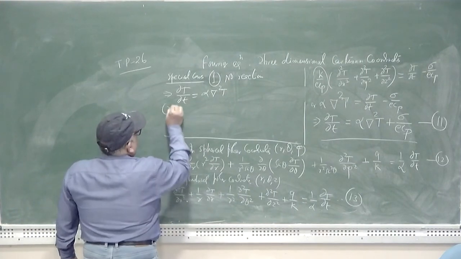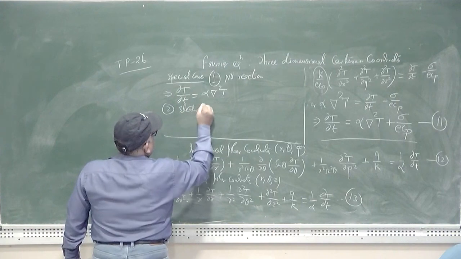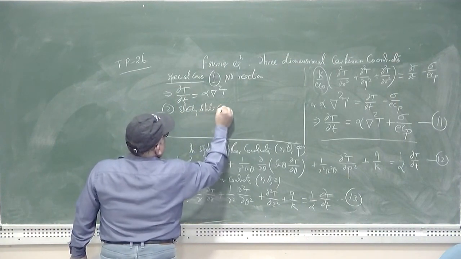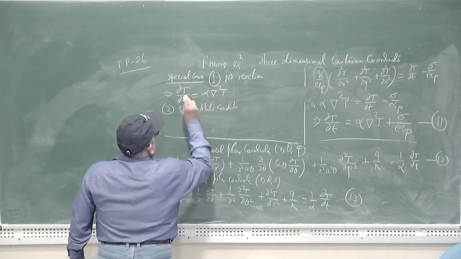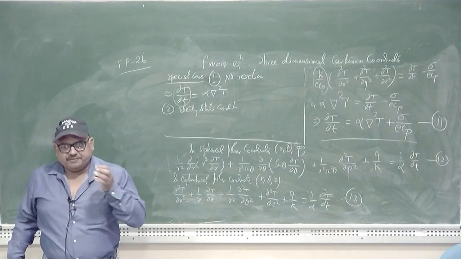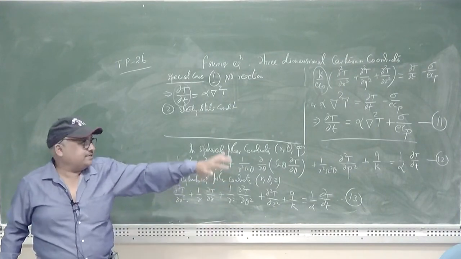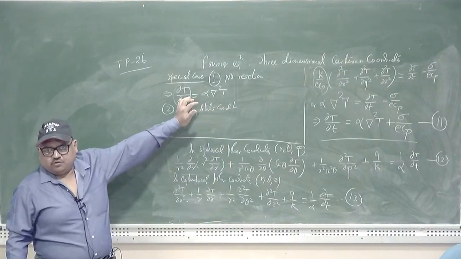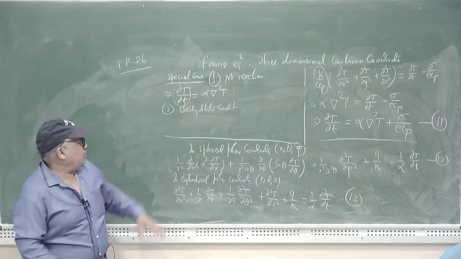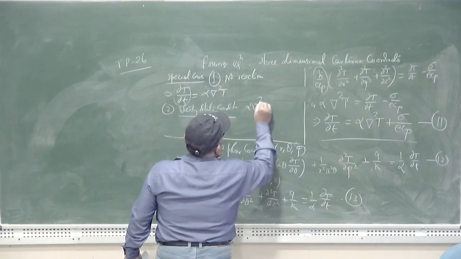Number 2, if no reaction is going on and the steady state condition is there, then for steady state what is required? That means a complete equilibrium has been established, so this quantity will be equal to 0. So for the steady state condition, alpha del square T is equal to 0.